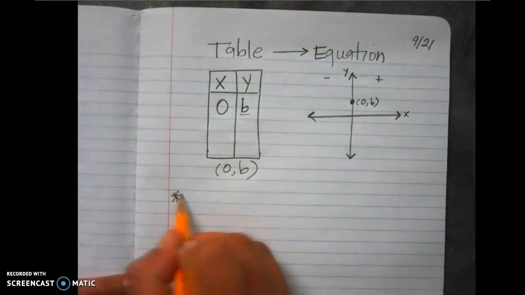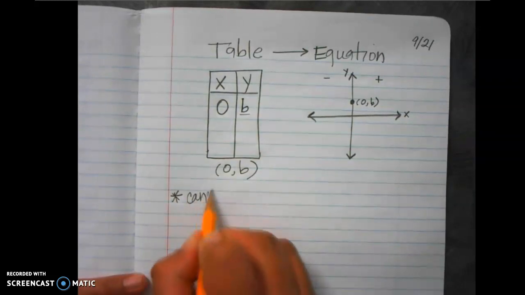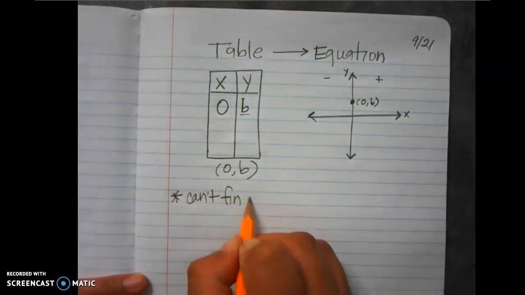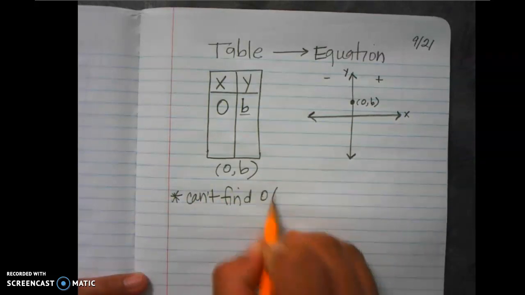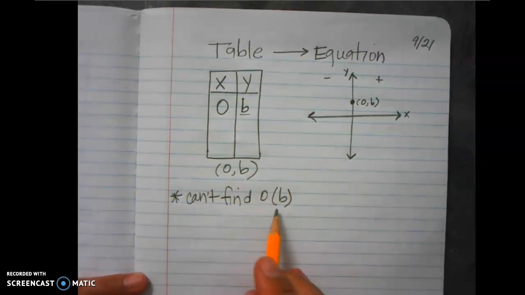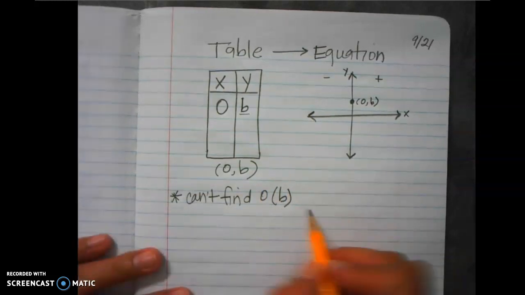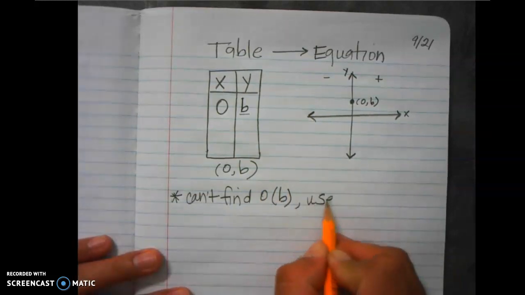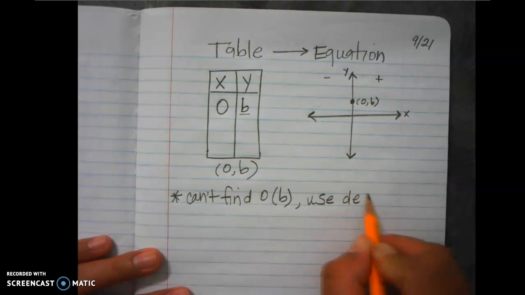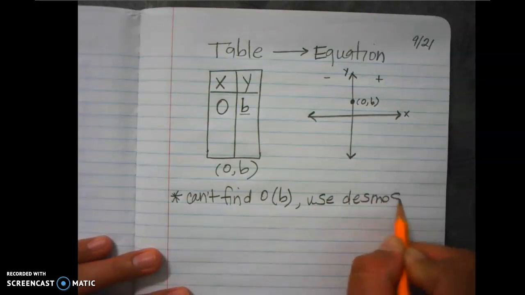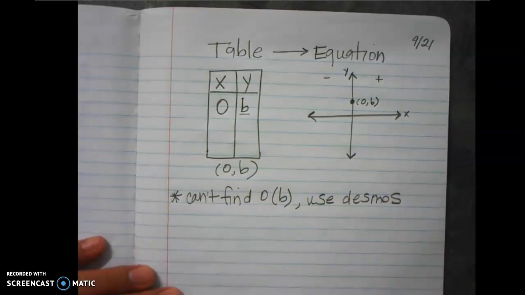Okay? If you can't find a 0, then we can't find what our b is, right? We're going to use Desmos to help us. And we're going to do an example together. Slide 7.